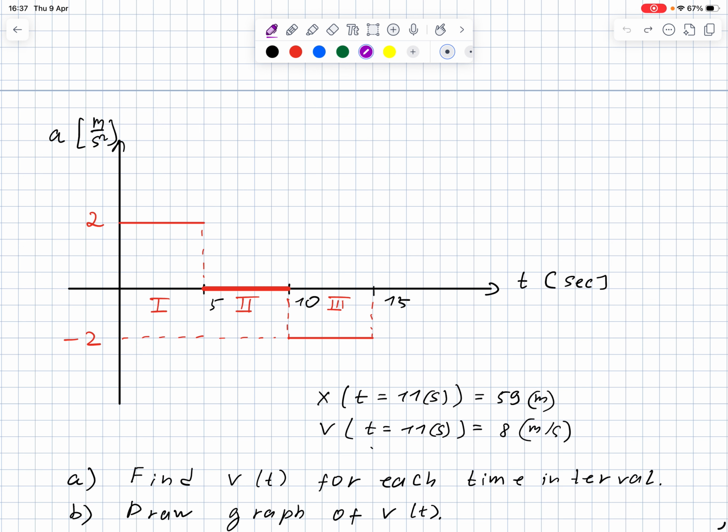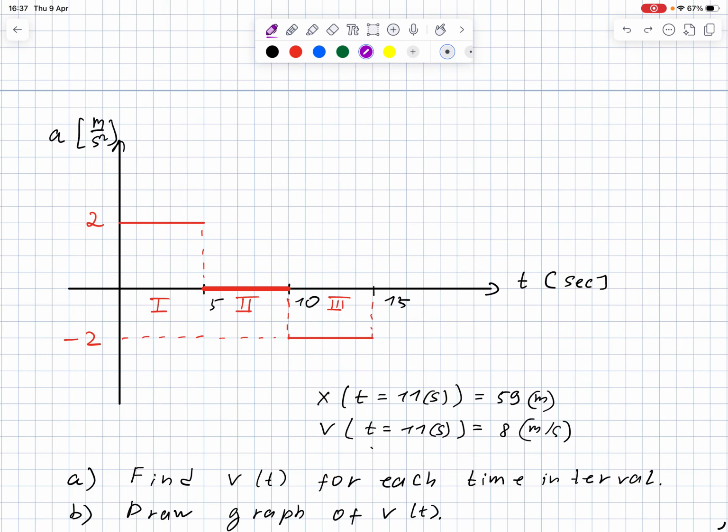In previous problems, we were always given the initial position and velocity when the initial time was t0 equals 0 seconds. But this time is a little bit different, and we're going to somehow overcome this problem. And I assure you that it won't be as difficult as you may think.